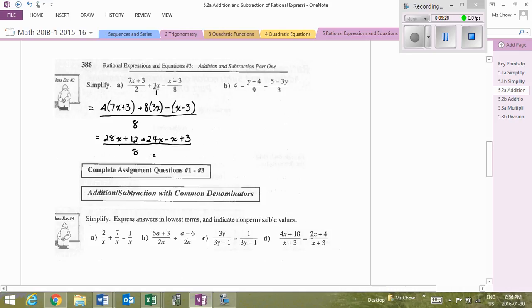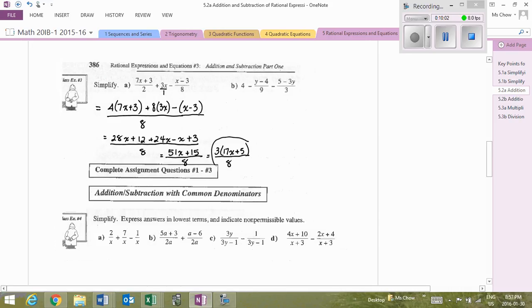And so cleaning that up, 28x plus 24x is 52x, minus 1x is 51x, and plus 15, and that is all over 8. There is a common factor of 3 in the numerator that I could take out, but it doesn't simplify with the 8, and so it doesn't matter. I can just leave it as is. If you'd like, you can factor that 3 out and leave it as 17x plus 5 all over 8. Again, no restrictions because there are no variables in the denominator.